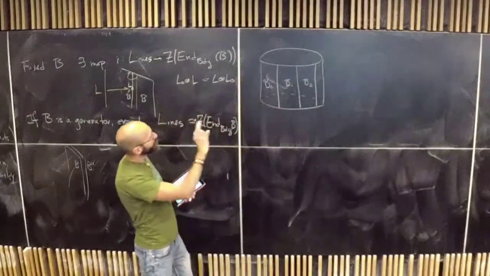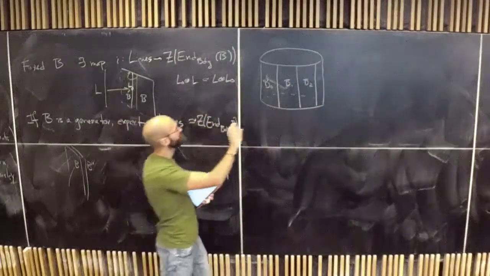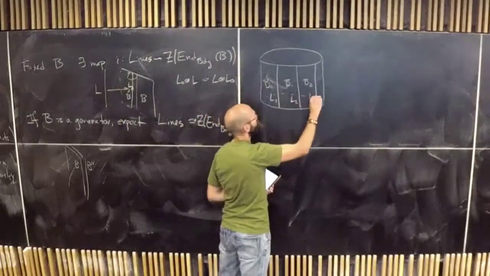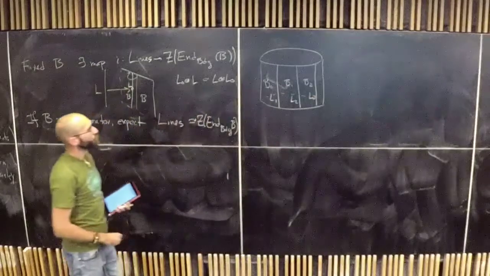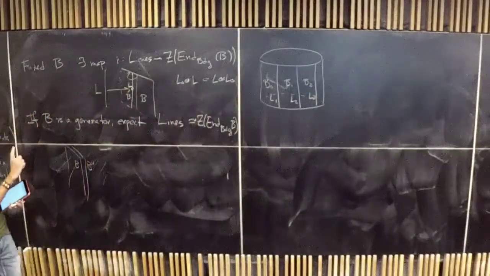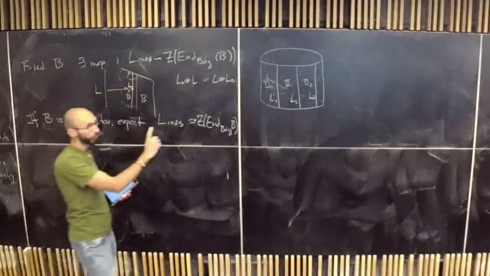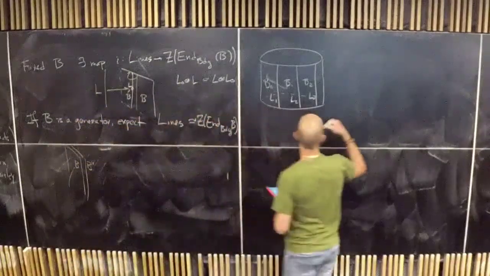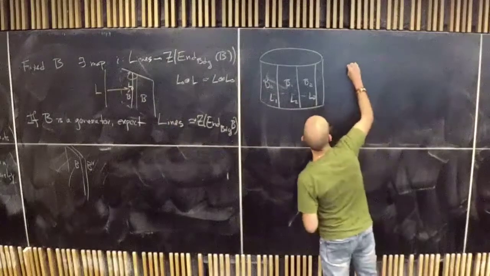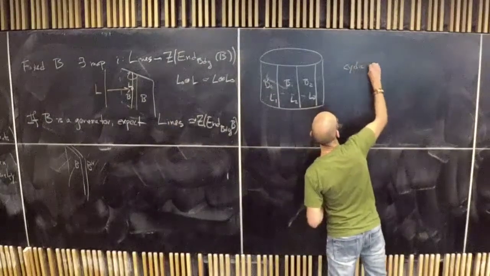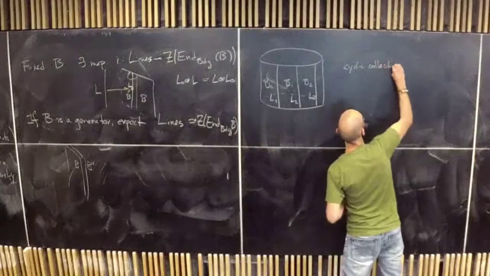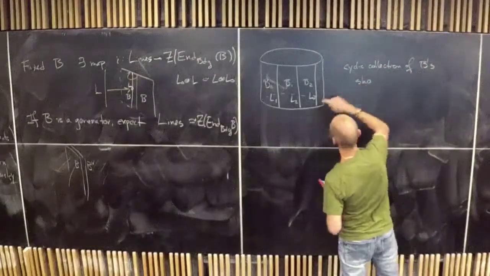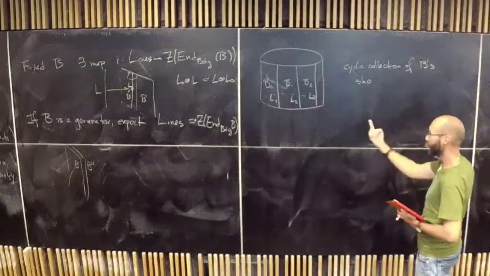If we have a cyclic collection of boundary conditions, with line operators, with interfaces between them, this should define an object in the bulk line category.